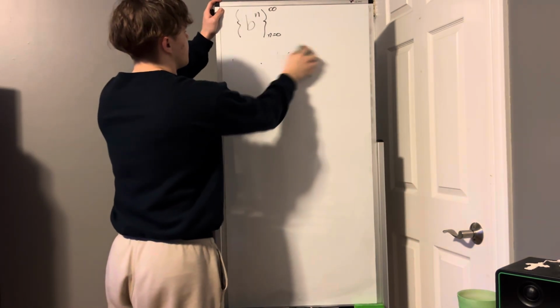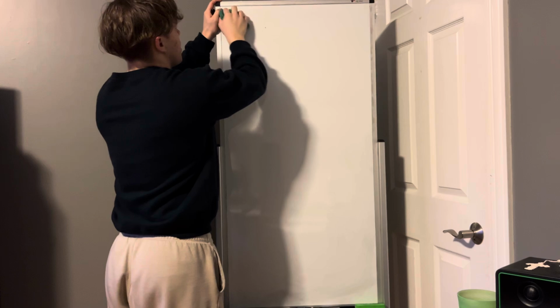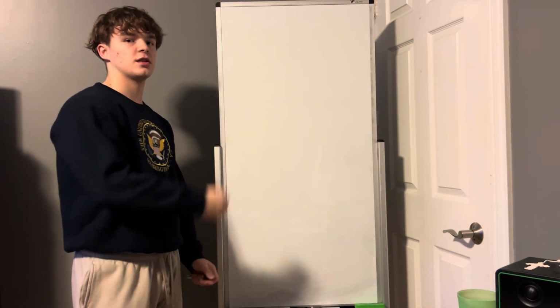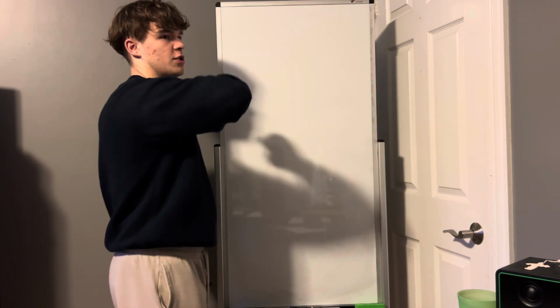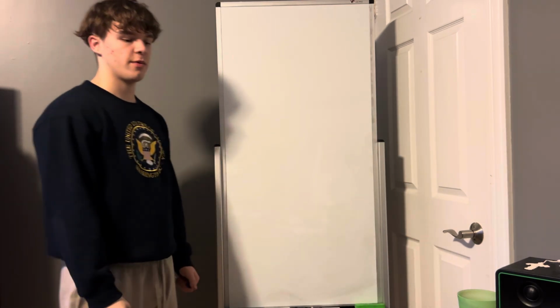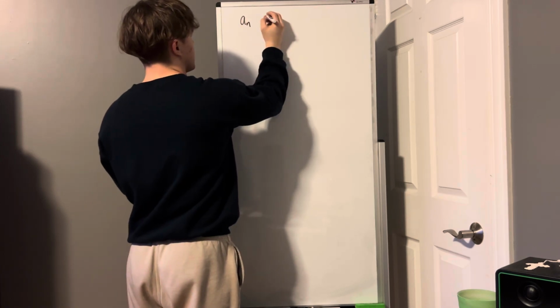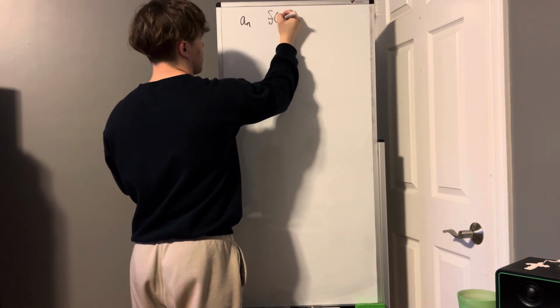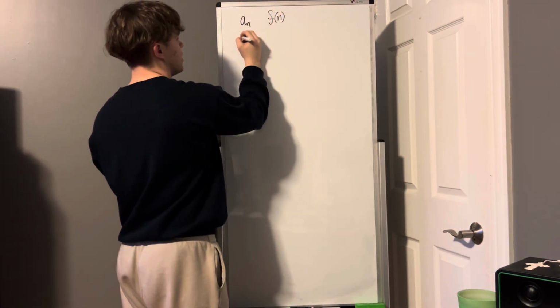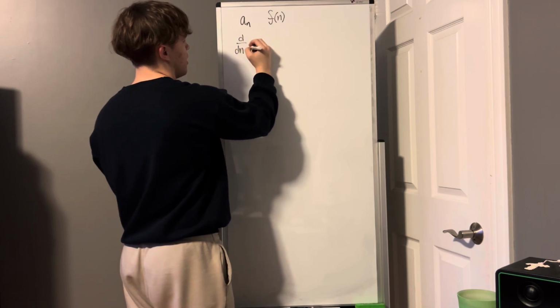Finally, let's talk about what we call monotonic sequences. These are sequences that just increase or just decrease. Basically what we can do is treat a sub n as a function of n, and take the derivative with respect to n of the function.